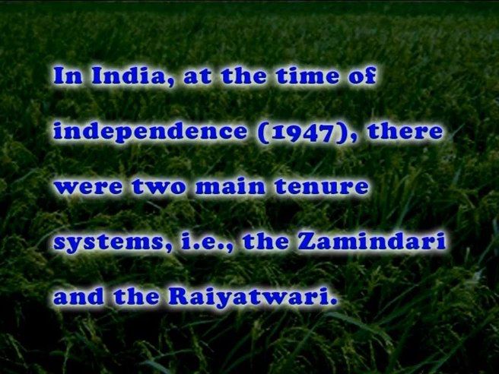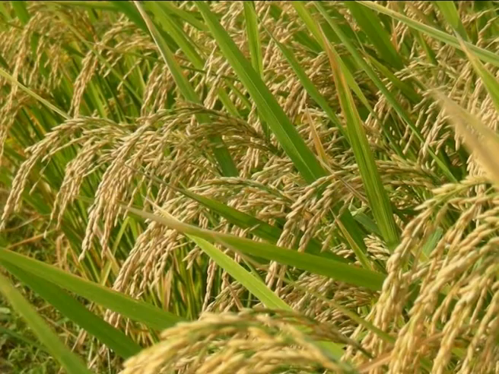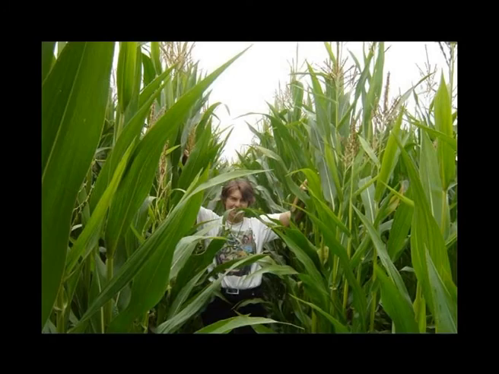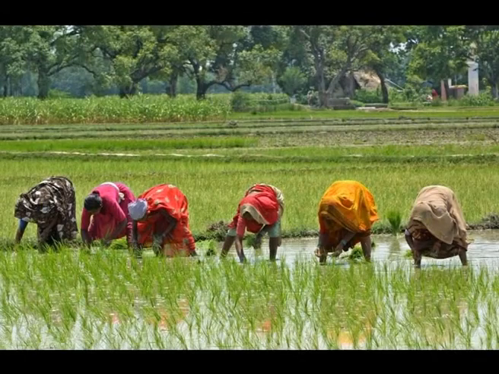In India, at the time of independence, there were two main tenure systems, that is the zamindari and the ryotwari systems. These systems determined the relations between land on the one hand and the interested parties, the governments, the owners and the cultivators on the other.